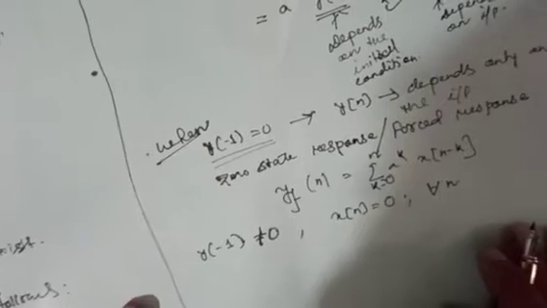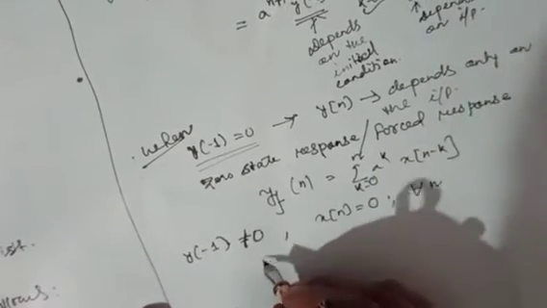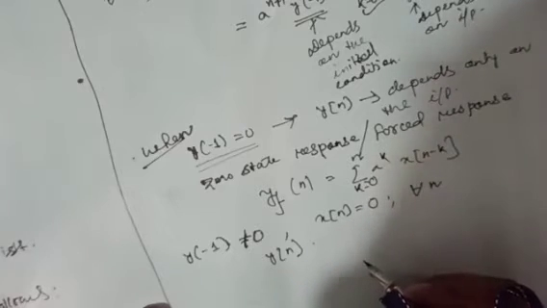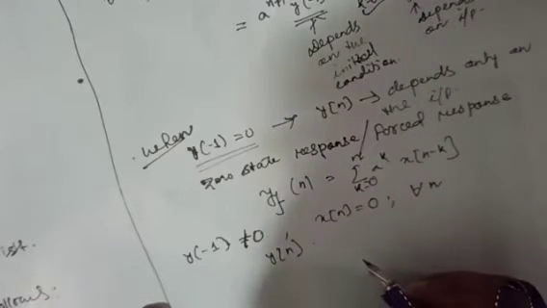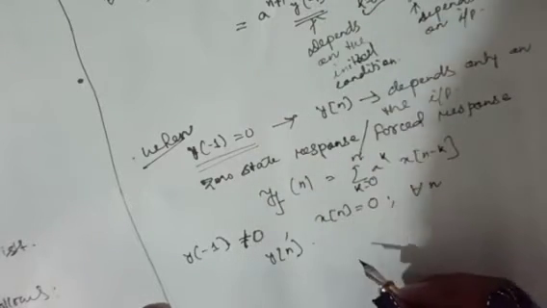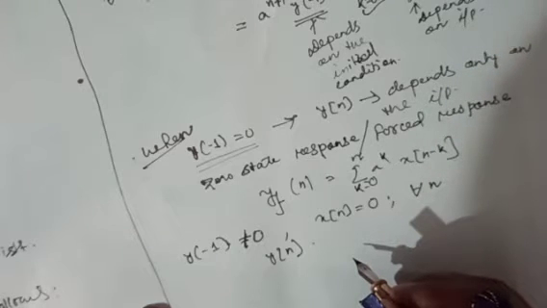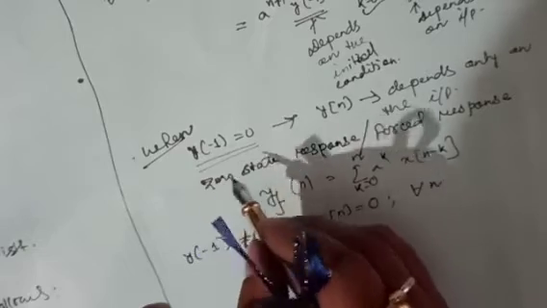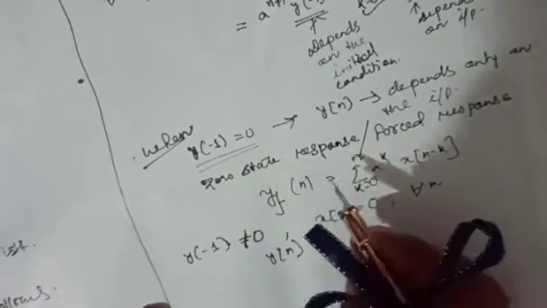Then the output of the system y of n depends only on the zero state of the system, that is y of minus 1 only.